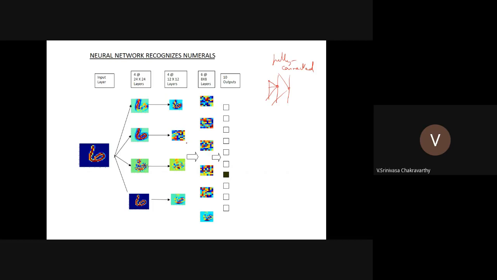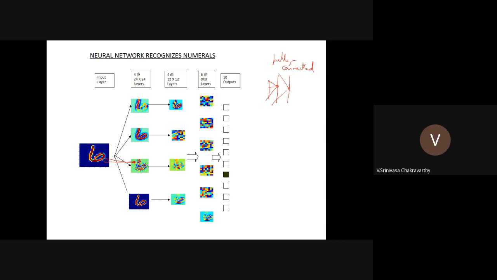But in the case of a convolutional network, it is different. The hidden layers, up to a point, consist of multiple two-dimensional arrays of neurons. A given neuron in each of these 2D layers is connected not to the entire image in the previous layer, but only to a small part of it.